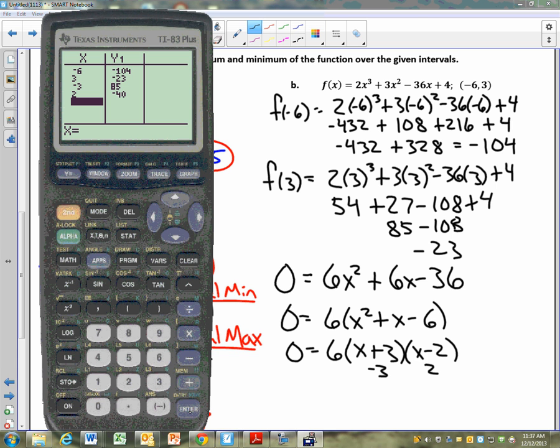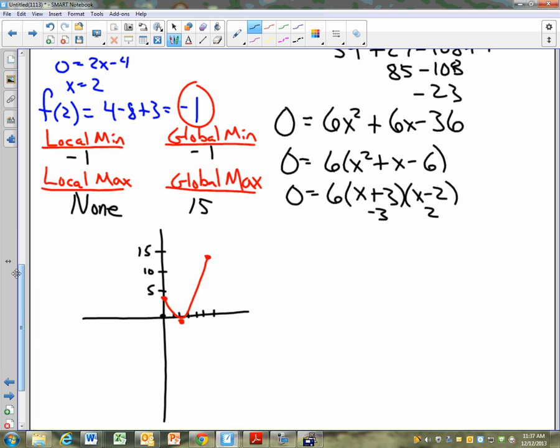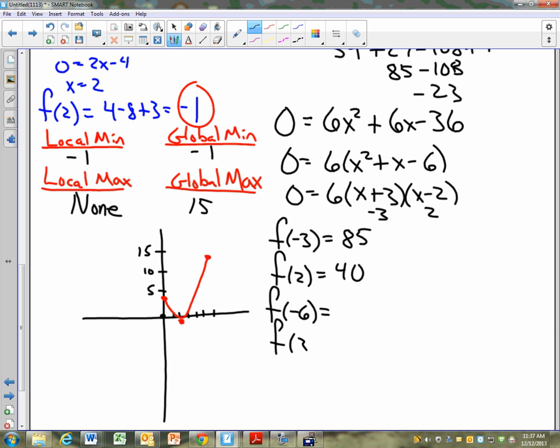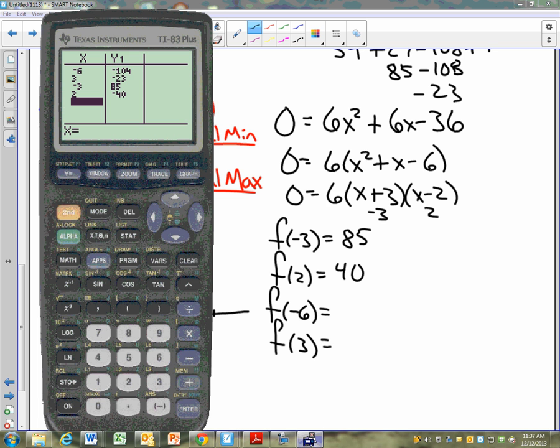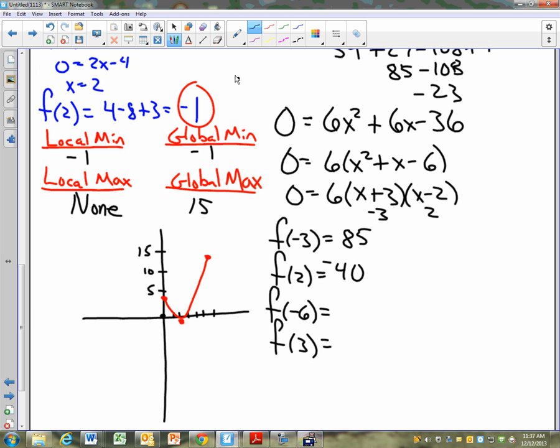So if you plug in negative 3, you get 85. If you plug in 2, you get negative 40. Okay, so let's look at it.